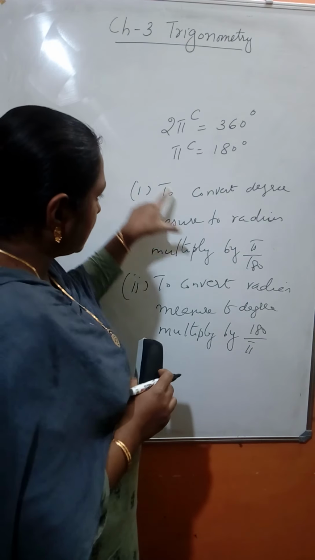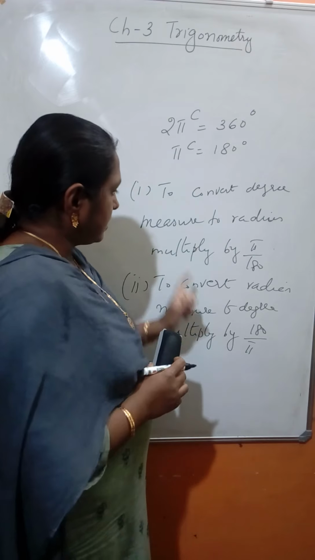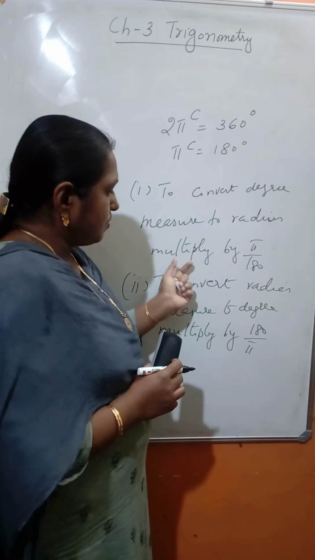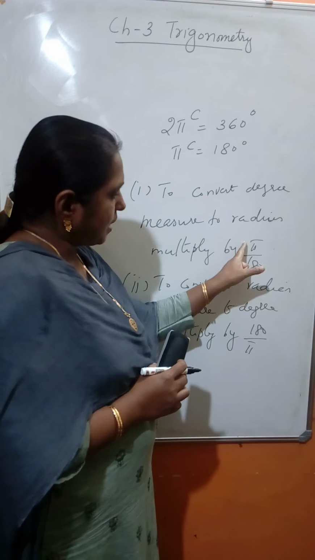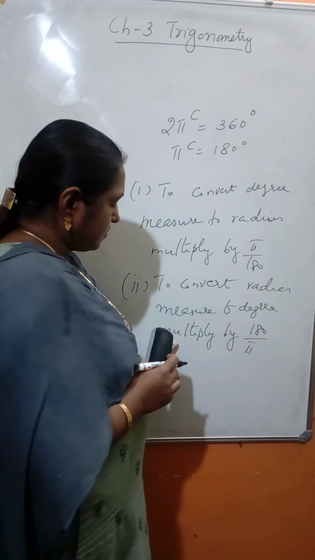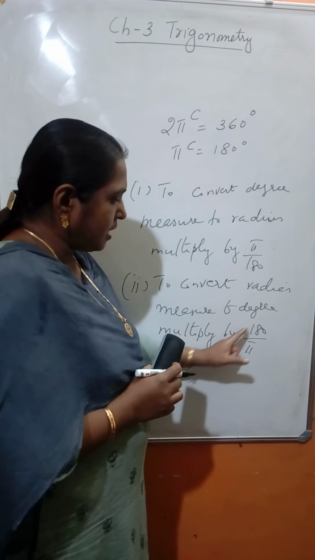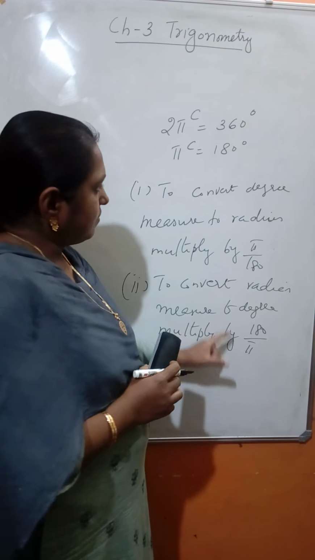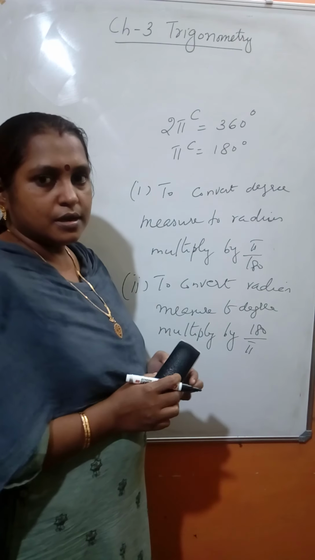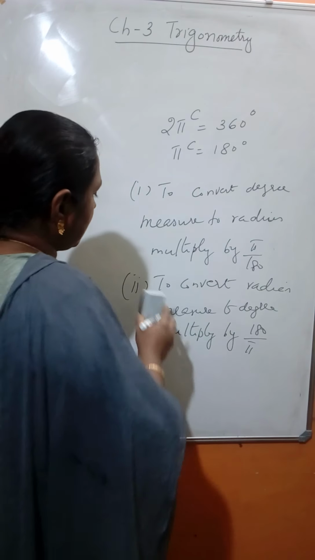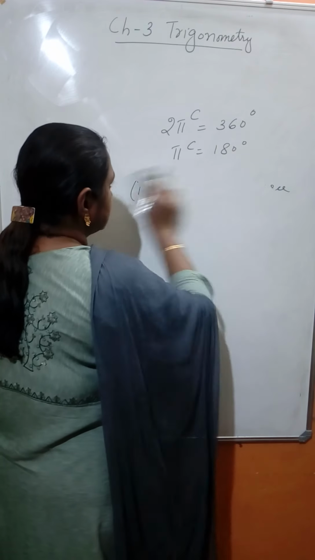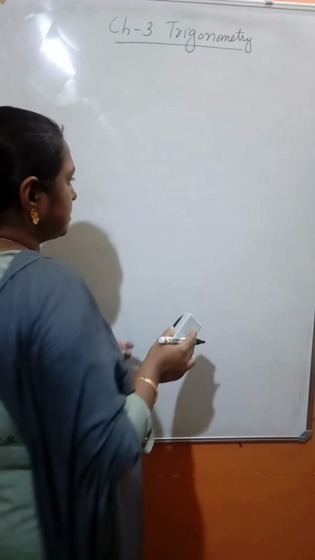To convert degree measure to radian, multiply the given degree measure by pi by 180, and to convert radian measure to degree, multiply the given radian measure by 180 by pi. Whenever fractional values come in degrees, you have to convert them into minutes and seconds. In the NCERT book, the first 2 questions of the first exercise are just for converting degree measures to radian measures.